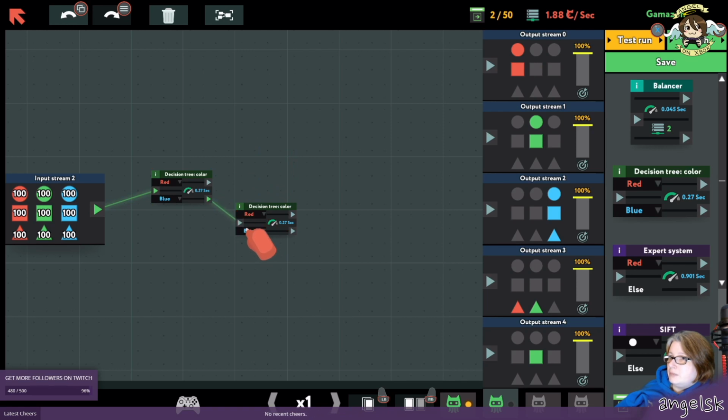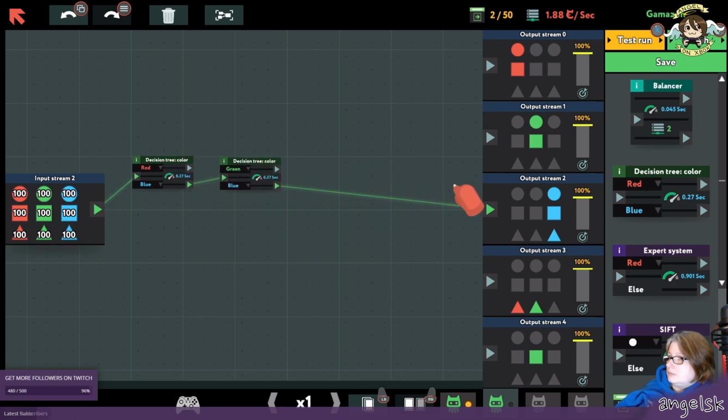Let's split the blue up. Green, blue. Then we'll sift for triangle.